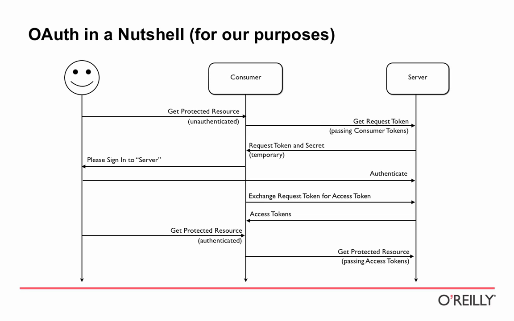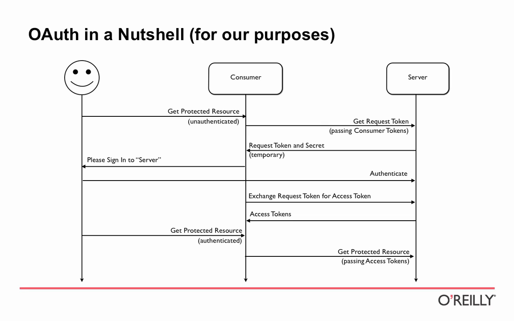So now the process starts over again, except that the user is now in an authenticated state. So it says, hey consumer, I want to get this protected resource, and the consumer says sure, passes that request along to the server, and the server sends back the protected resource. Because the access tokens were sent along, it can verify that that user was authenticated and gave permission to the third-party application.